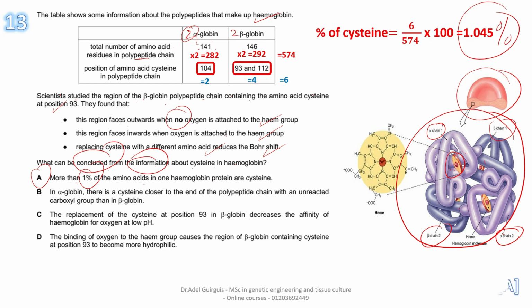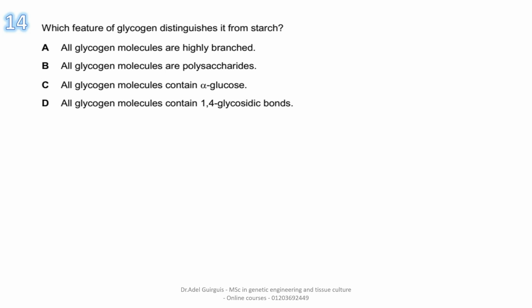Now, number 14. Which feature of glycogen distinguishes it from starch? All glycogen molecules are highly branched. All glycogen molecules are polysaccharides. All glycogen molecules contain alpha glucose. All glycogen molecules contain 1,4-glycosidic bonds. Let's check.